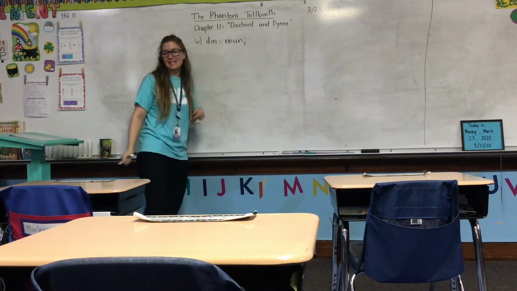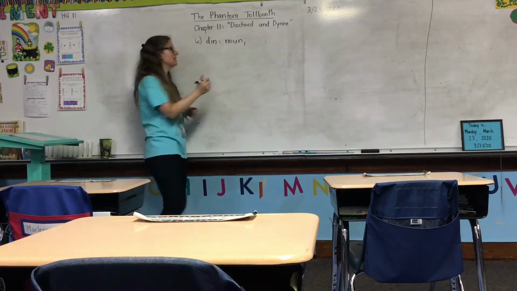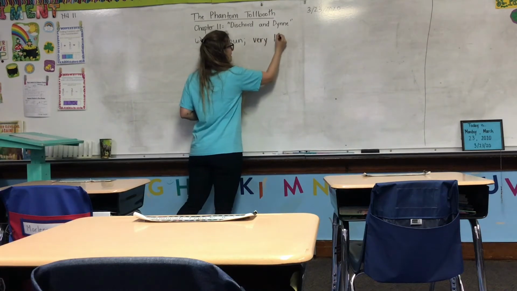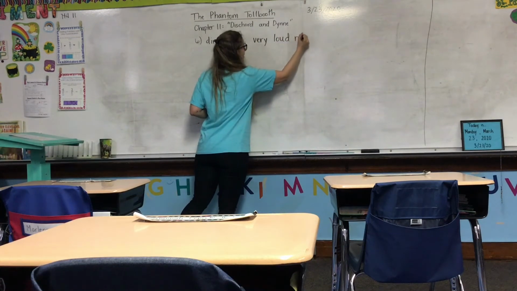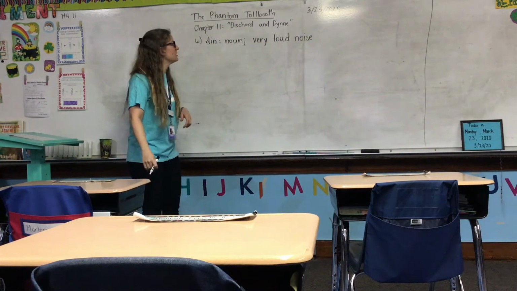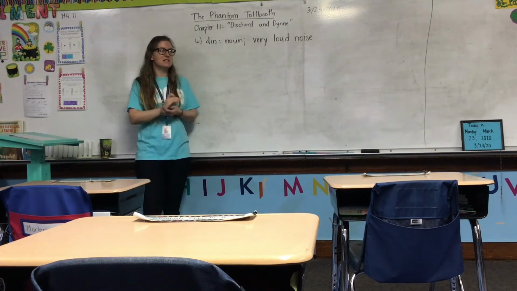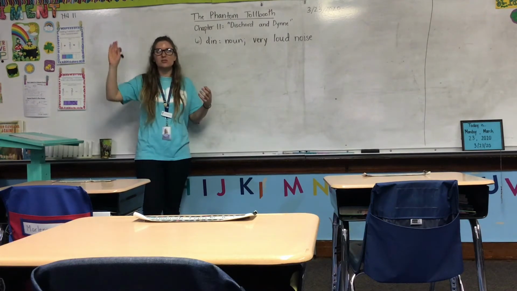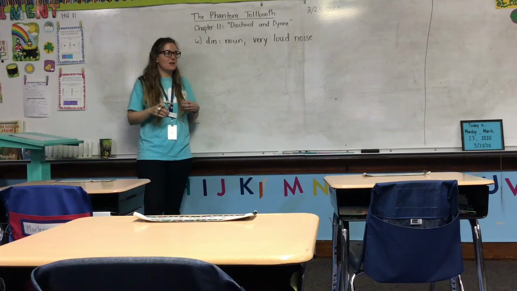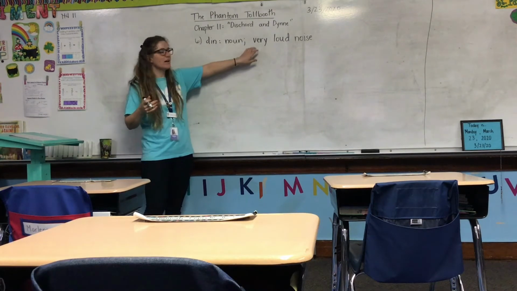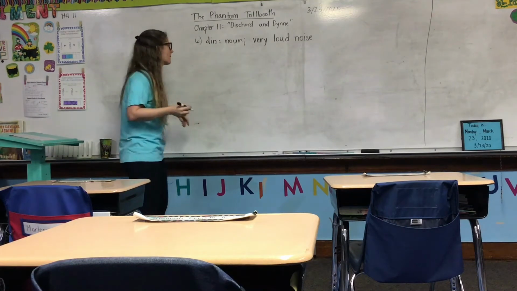The word din is a noun, and it means very loud noise. So if I were to use that in a sentence, I would say, what is that awful din? Like, say the train is going by and there's really loud noise, and so that would be an awful din. It's a very loud noise.